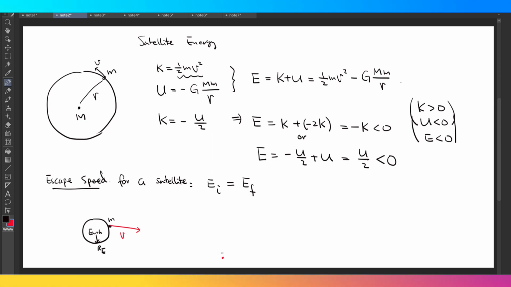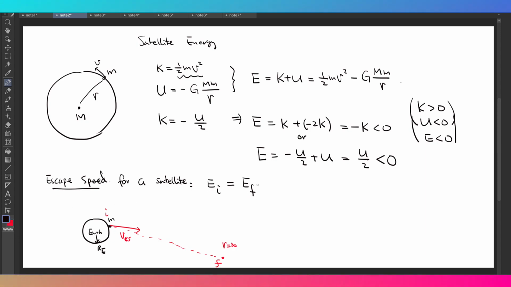Let's say at this distance, which is infinity, to the Earth, at this location, we can say the satellite escapes the Earth. The speed here is called escape speed. Let's call it VES. Think about what kind of VES we need in order for the satellite to go all the way to infinity. This initial position on the Earth's surface is i, and the final position is at infinity.